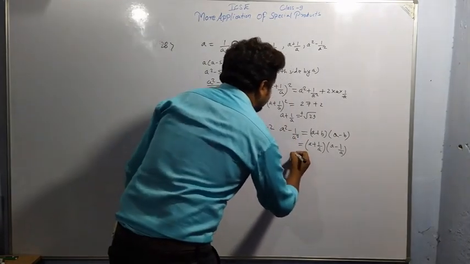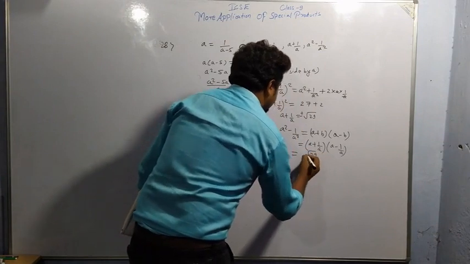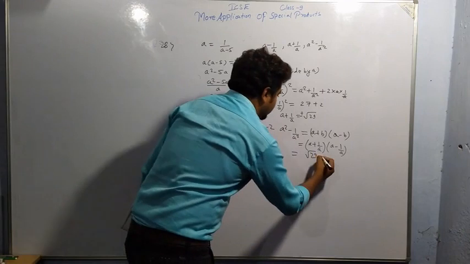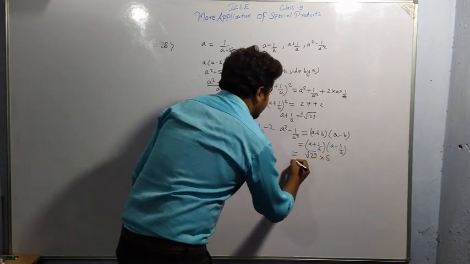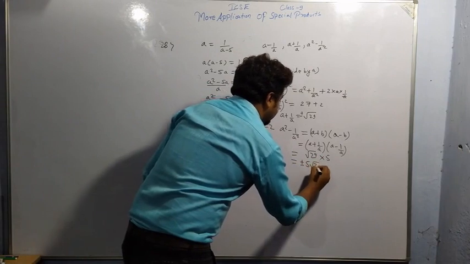So a plus 1 by a we know is plus minus root 29, and a minus 1 by a we know is 5. So we are getting the value plus minus 5 root 29.